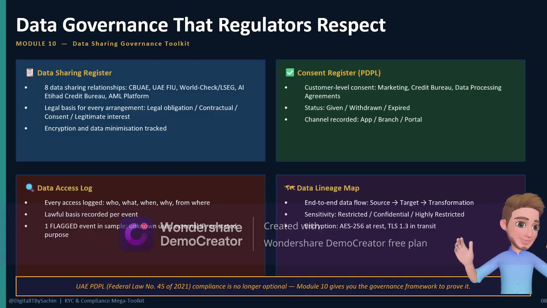This module gives you a complete data governance framework, a data sharing registry with the legal basis for every arrangement and consent tracking aligned to the PDPL requirements, a full audit log of who accesses what and why, and a data lineage map showing exactly how customer data flows across your systems. That one flagged event in the access log, an unknown user accessing the records from an external IP with no stated purpose, is exactly the kind of incident this module is designed to catch.